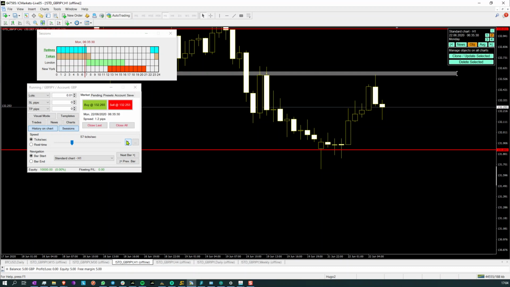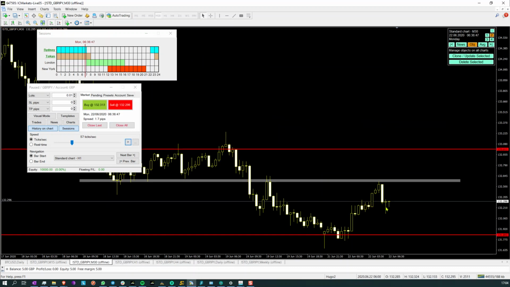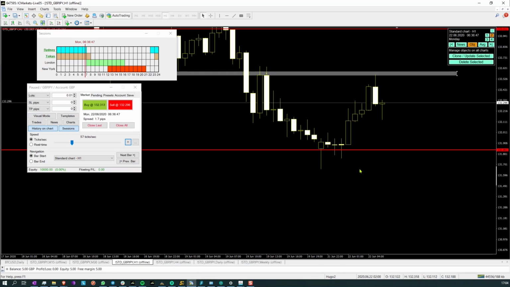Let's see. M30 closed rejecting this level here that I didn't want to consider. So if we break below this low, I'm in to get into this zone here. Let's see if we can get it.